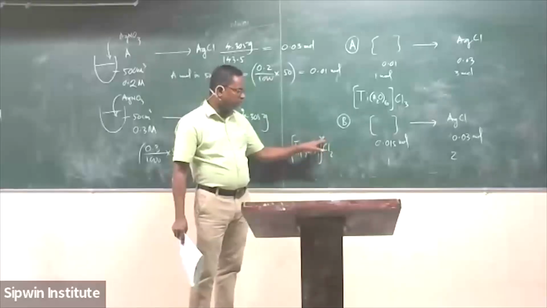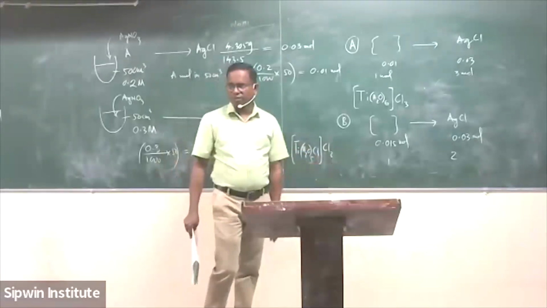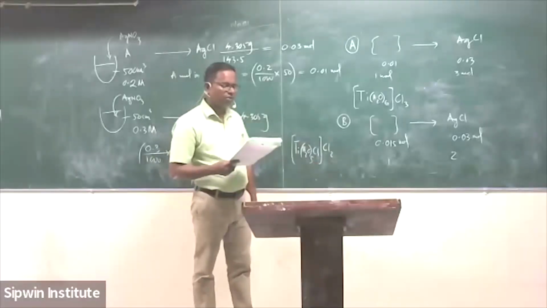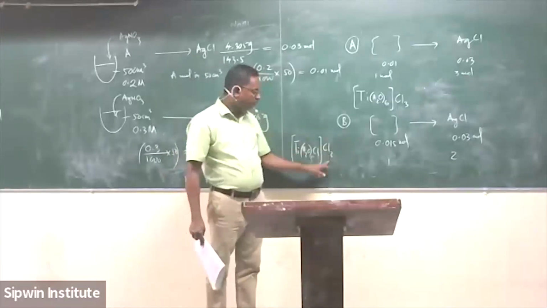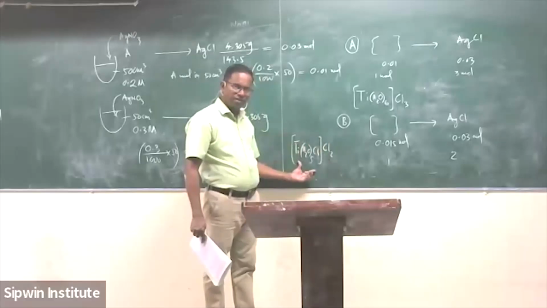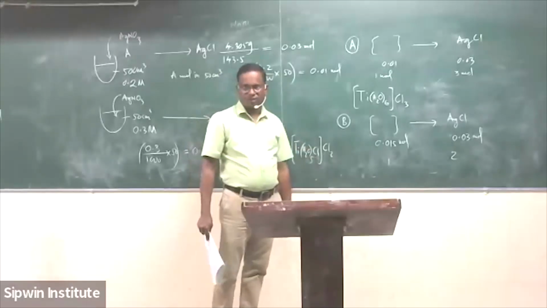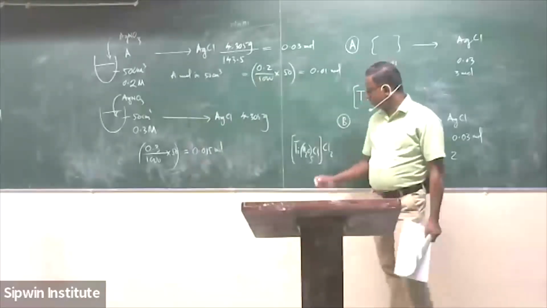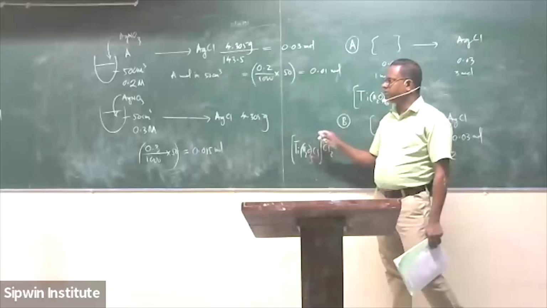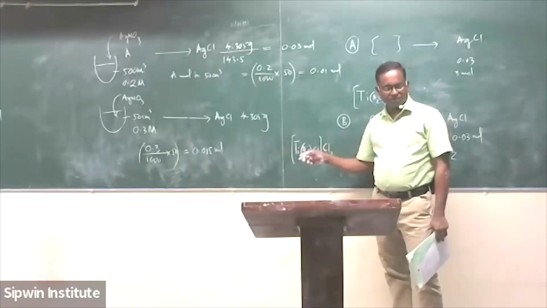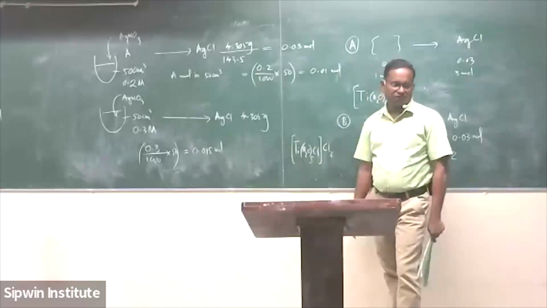Then you can have the net charge as 2 plus and Cl2 outside. You need to explain that the ligands are two kinds. 2 chlorides are outside; the net charge of the complex ion is 2 plus, but titanium is 3 plus, so 1 Cl minus should be with the complex ion. Because it is octahedral, 5 water molecules.